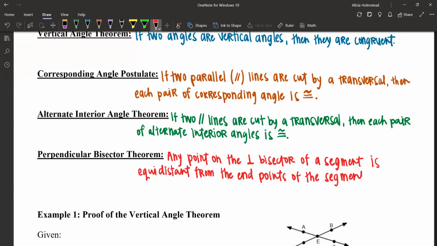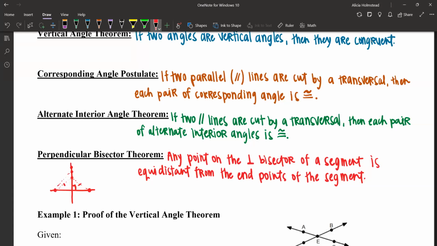Okay, so what we mean by that is if we have a perpendicular bisector, something like that, and it perpendicularly bisects between these 2 points. Any point on the perpendicular bisector, if you draw a line from that point to these original endpoints, these 2 lines must be congruent.